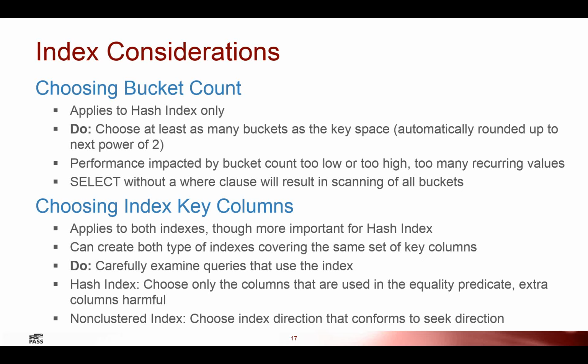For example, if you want to create an index on C1, C2, C3, you can create both a non-clustered index on C1, C2, C3, and a hash index on the same set of columns. So the query optimizer will use the appropriate type of index, depending on the query you issue. So you want to look carefully at the queries that use the index.